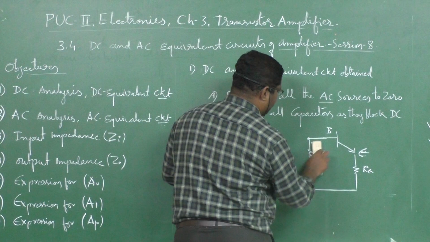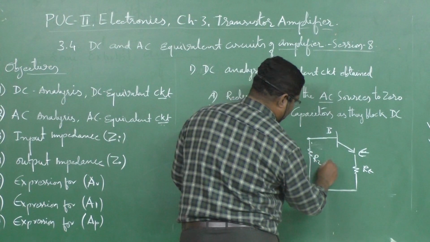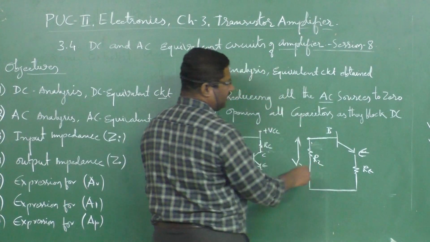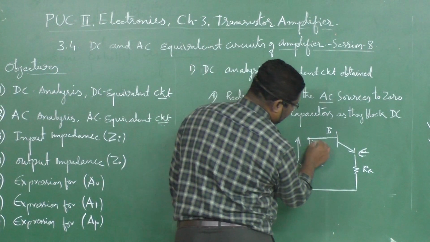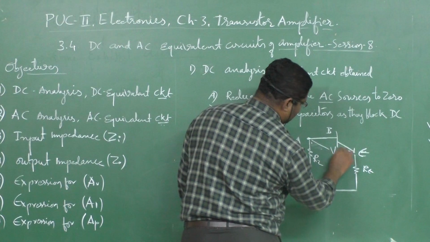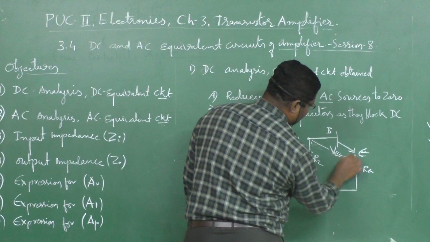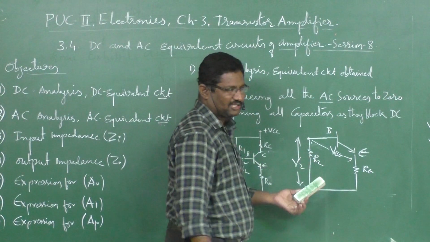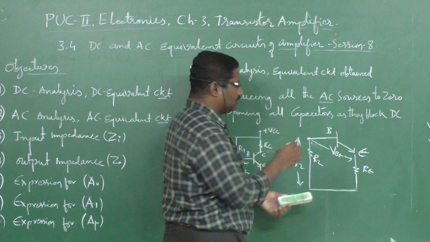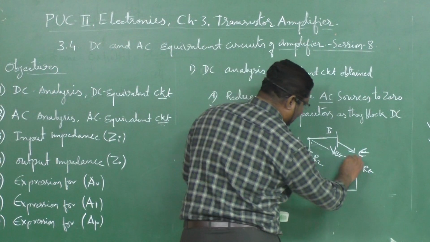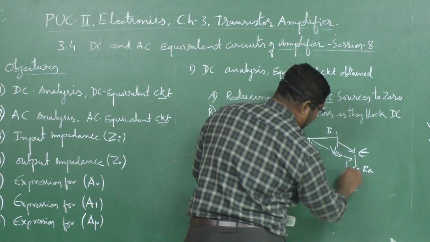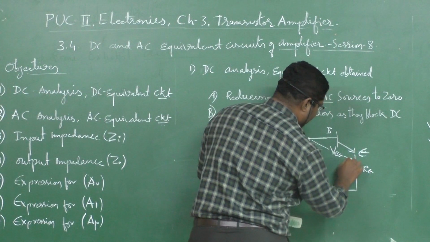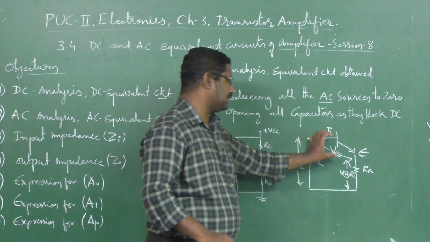So this V2 is equal to the base-emitter voltage. This total height I would like to call a potential. That's why potential always has height. So V2 is equal to VBE and the voltage at RE. This total height is equal to this height plus this height.